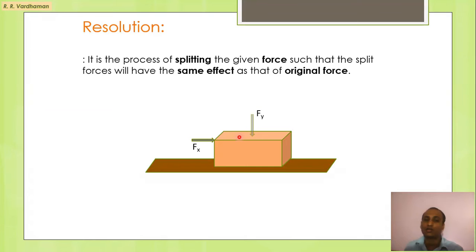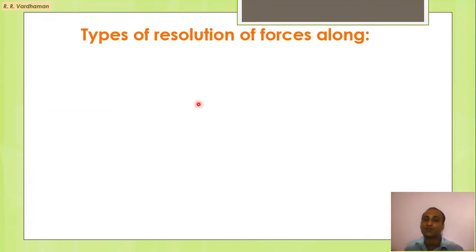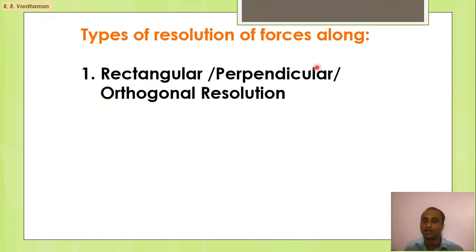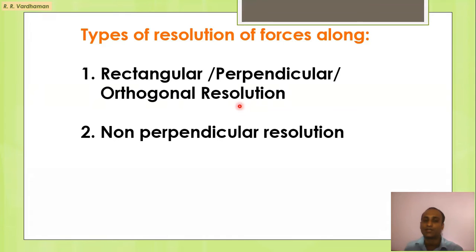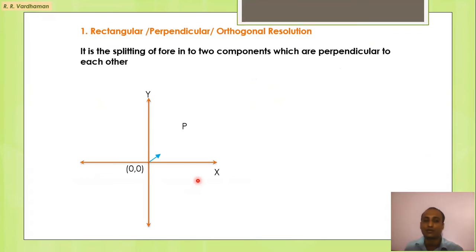Now let's study the types of resolution of forces. First, rectangular, sometimes called perpendicular or orthogonal resolution. Second, non-perpendicular resolution. And third, parallel resolution. Now we'll study rectangular resolution, which is a splitting of force into two components which are perpendicular to each other.